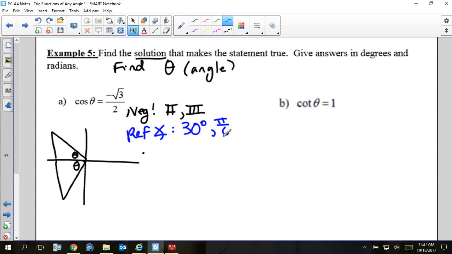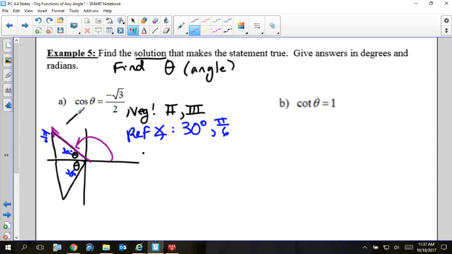Okay, so that's a reference angle. That means this little theta right here is a 30-degree angle, or pi over 6. Same thing. Now we actually need to know what this angle is that rotated it into the second quadrant.